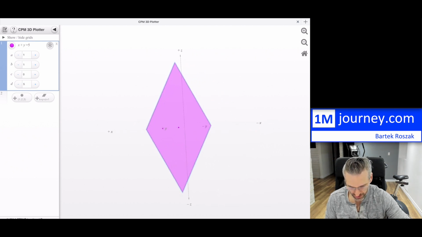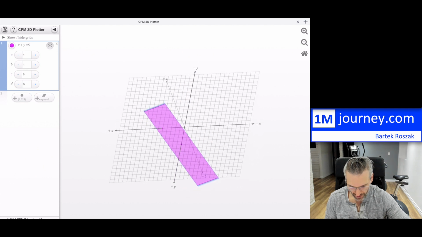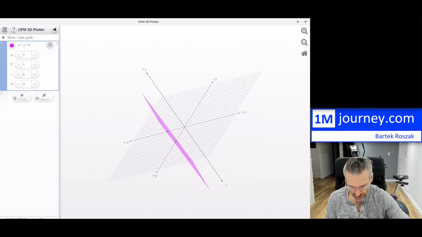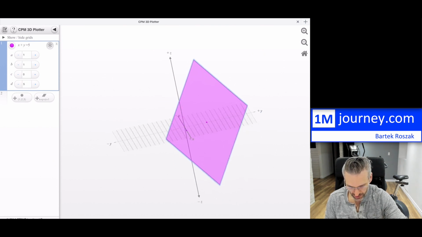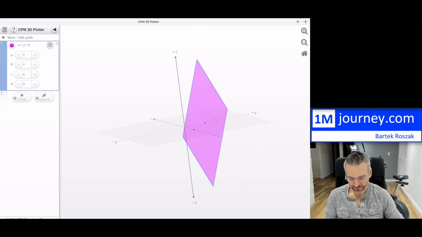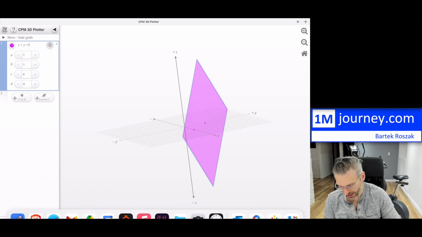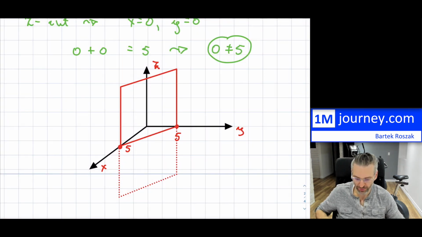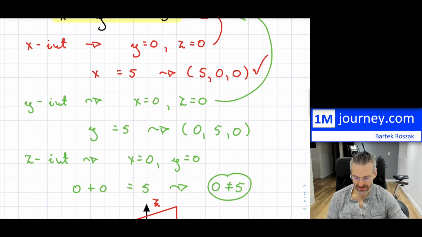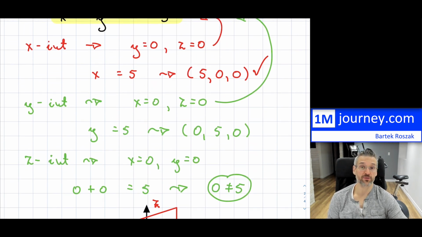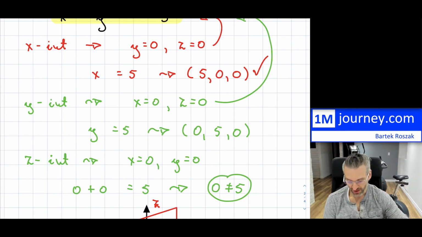I'm just tilting it back and forth. Notice that it goes up and it's parallel to the z-axis, although I'm spinning these axes a little bit too much here. So that is how you would try to plot these out, and then you would find the x, y, and z intercepts. You can do that for really anything that you have.